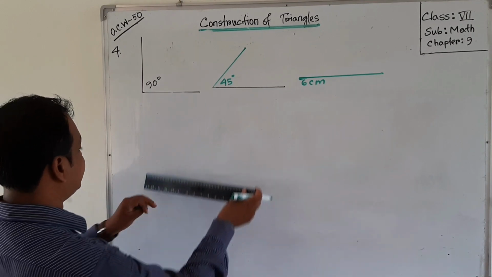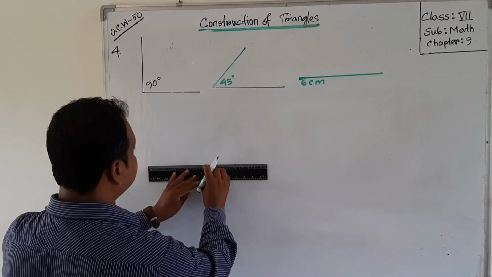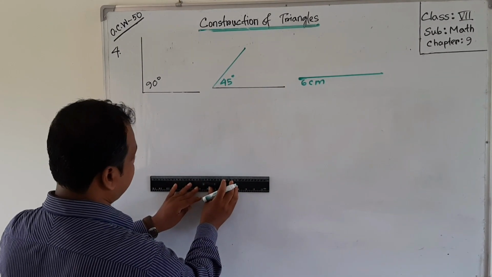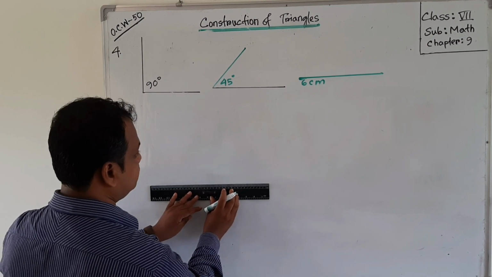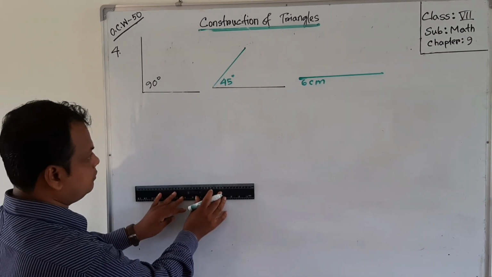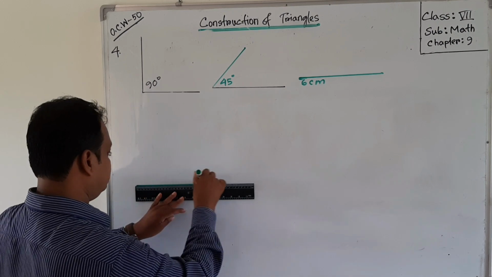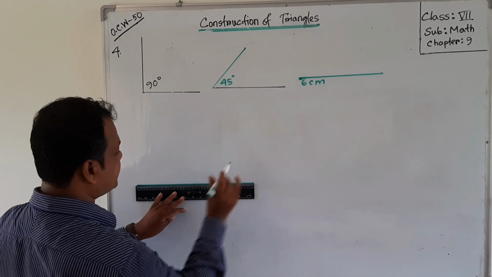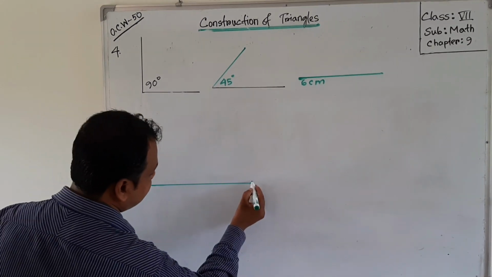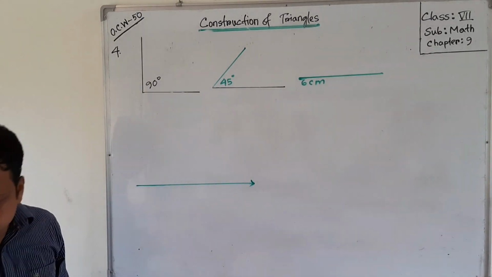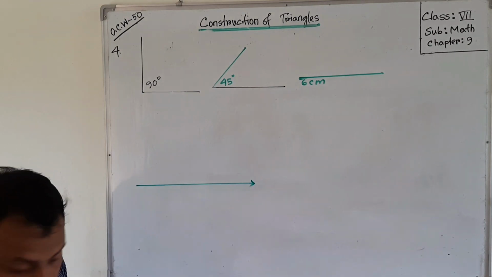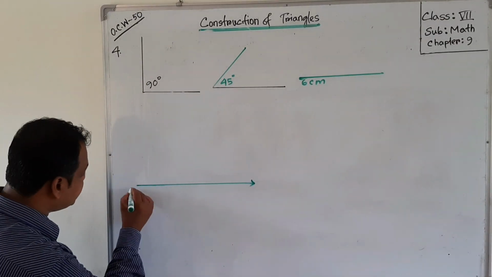At first we will take a ray. Name of the ray will be BD.